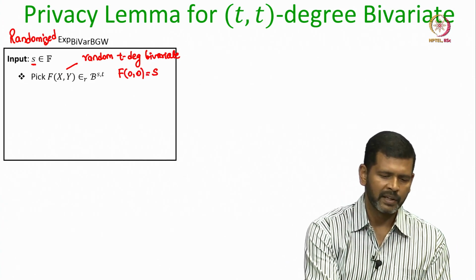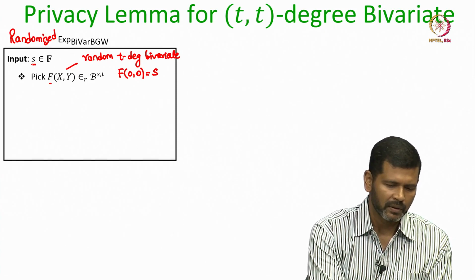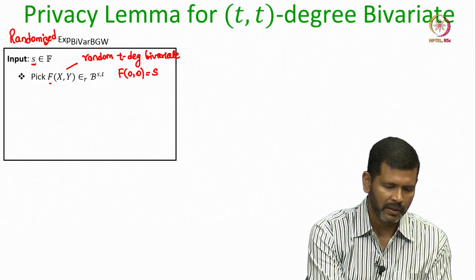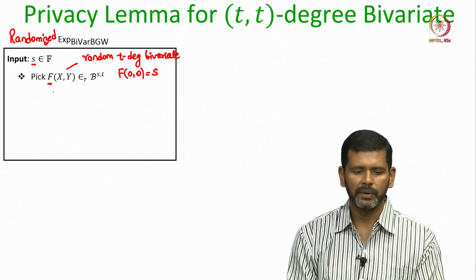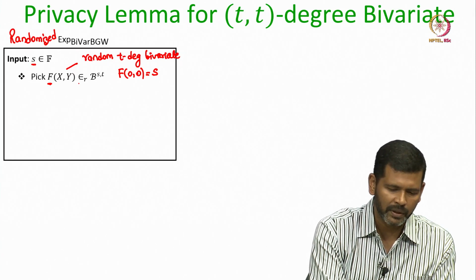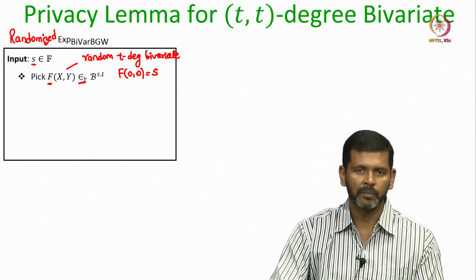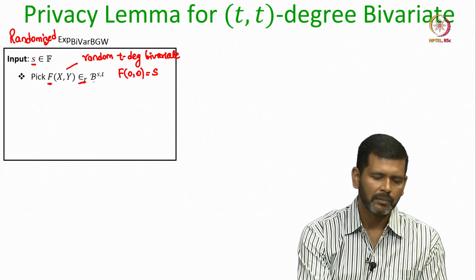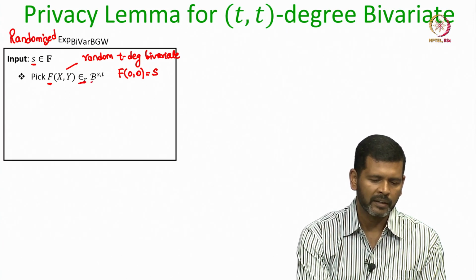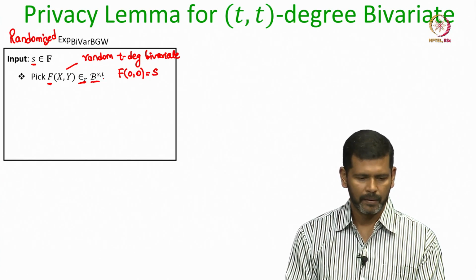So, this bivariate polynomial is not fixed for this experiment. That means, it is not the case that for the input S the polynomial f(x,y) is a fixed polynomial. It is picked uniformly at random. The notation belongs to with subscript r denotes that this polynomial is chosen uniformly at random from the set of all t degree bivariate polynomials whose constant term is S.